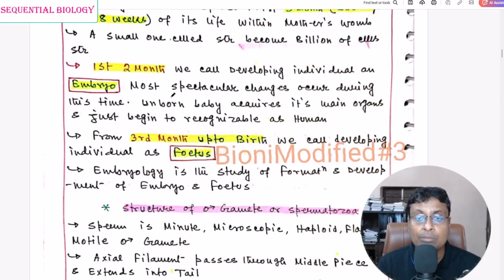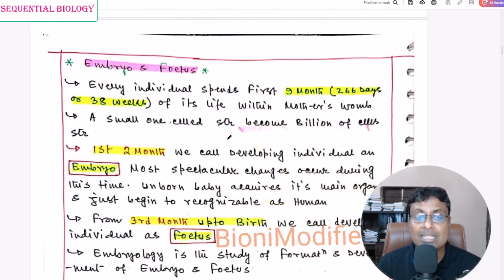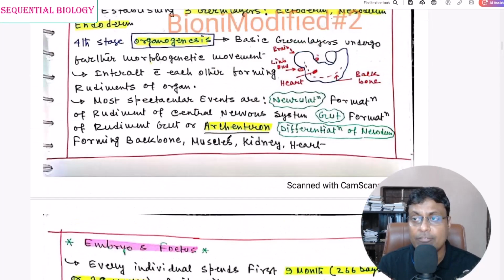And after then, from the 3rd month up to the birth, we call the developing individual a fetus. Embryology is the study of the formation and development of embryo and fetus, right? This is the basic idea about our developmental biology.